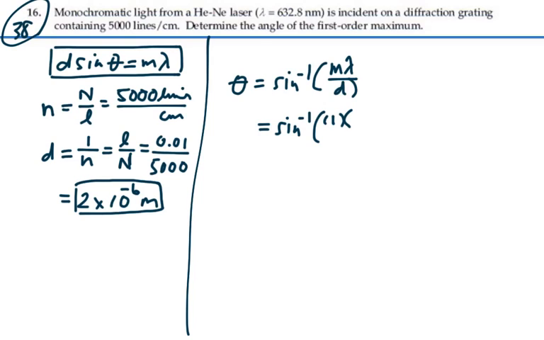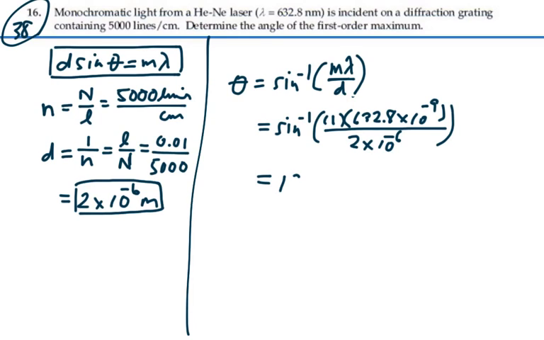Our wavelength was given as 632.8 nanometers times 10 to the minus 9, and we just calculated the spacing between lines as 2 micrometers. And this is equal to 18.4 degrees. So the angle to the first order maximum is 18.4 degrees.